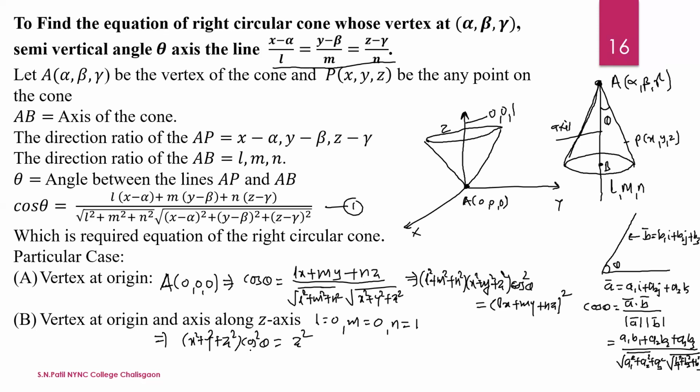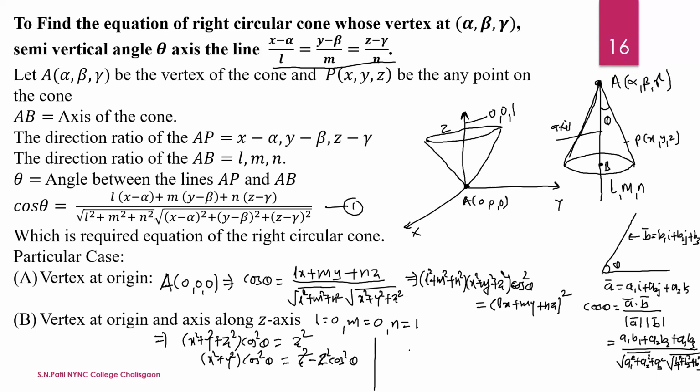Now cos square theta is multiplied to every term, x square, y square, z square. Now we put this z square cos square theta on the right-hand side, and x square plus y square remain, with cos square theta common.